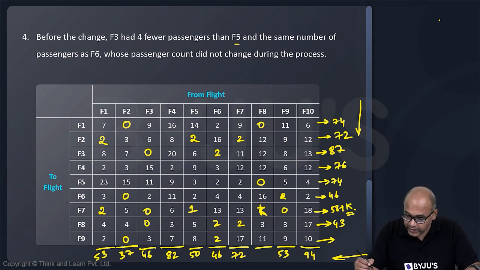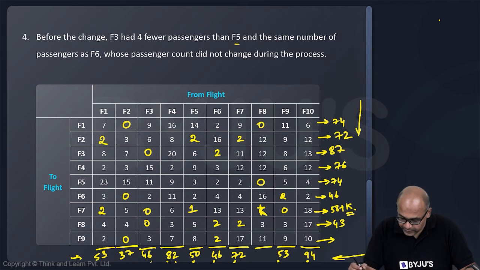How much would that be if you start adding 74 plus 72? In fact, it's easier to add horizontally, I think. So 50 plus 30 is 80 plus 10, 90, 90 plus 40, 130, 130 plus 80, 210, 210 plus 50, 260, 260 plus 40, 300, 300 plus 70, 370, 370 plus 50, 420, 420 plus 90, 510, 510 plus 6 and 2, 518.